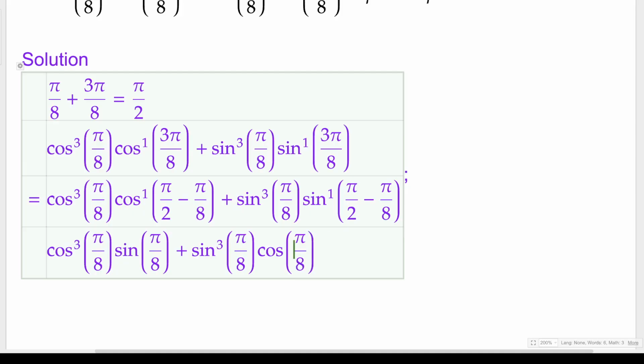And now we can observe that sine pi over 8 can be factored out, and cos pi over 8 can also be factored out.